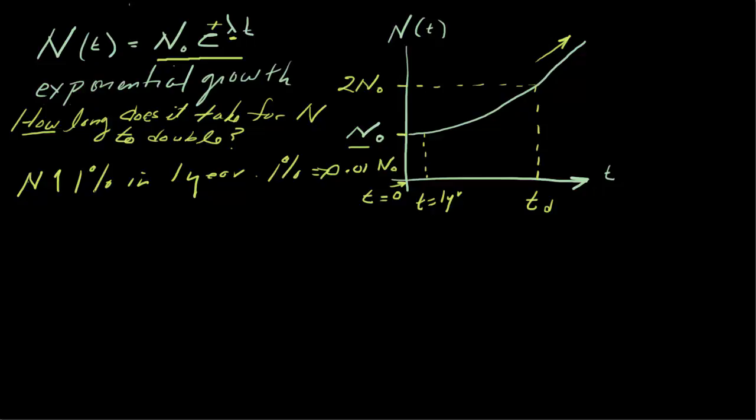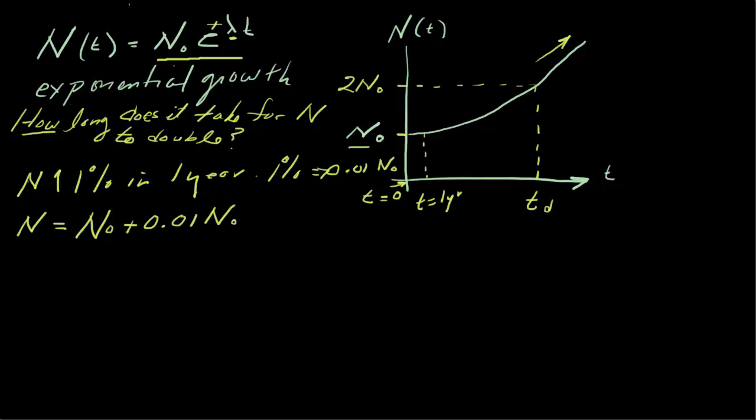n0. Okay, getting a little cramped there, but we're saying that after 1 year, n is equal to the initial population, n0, plus 0.01 n0.